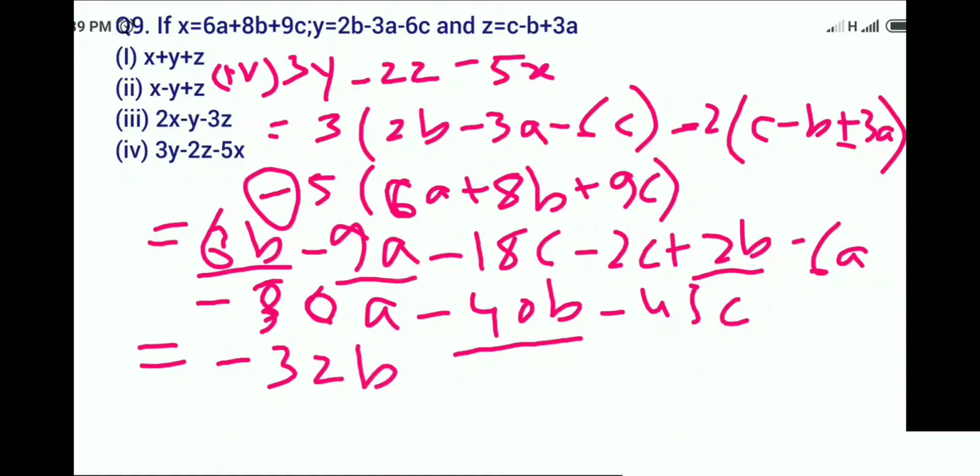For a, minus 9a minus 6a, both will be added. This will be minus 15a.